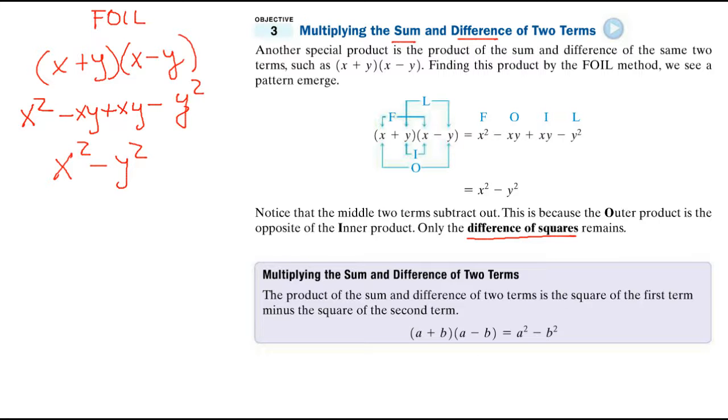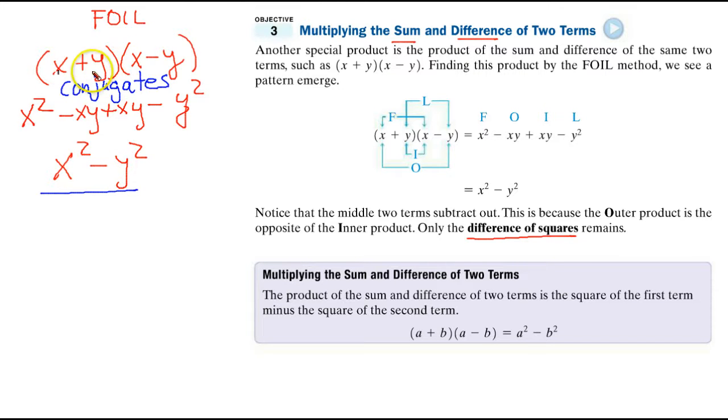And another thing that they may or may not be introducing here that I like to do, these are referred to as conjugates. And I would put that word in my notes. So when you multiply conjugates, which are these, the middle terms always cancel out, and you end up with the difference of perfect squares.